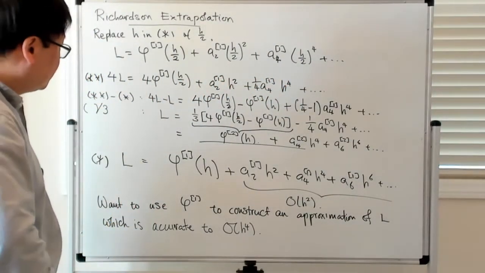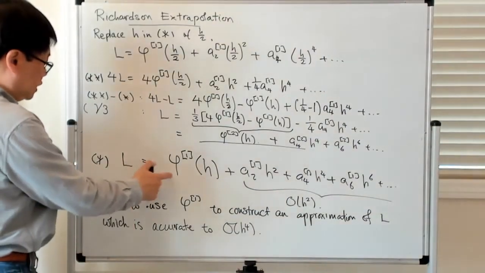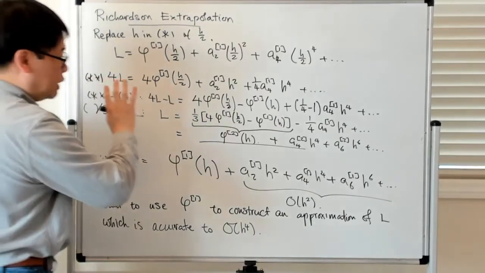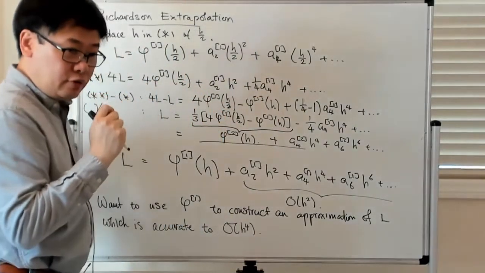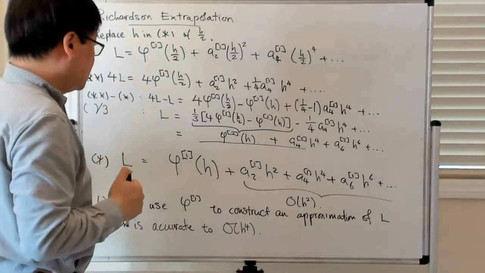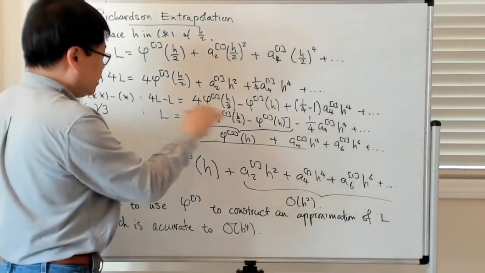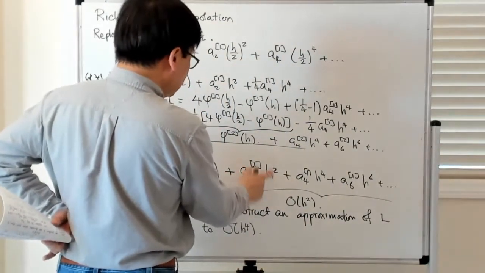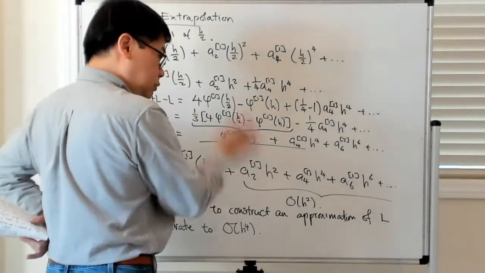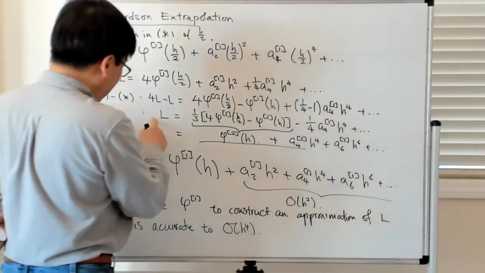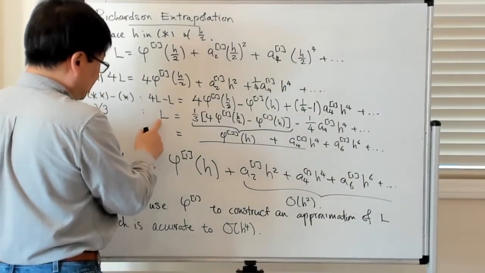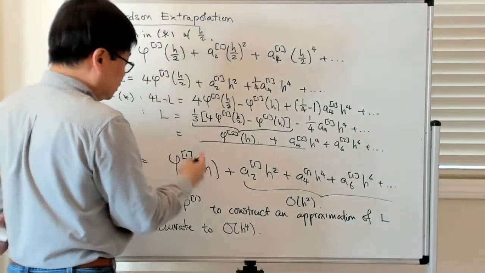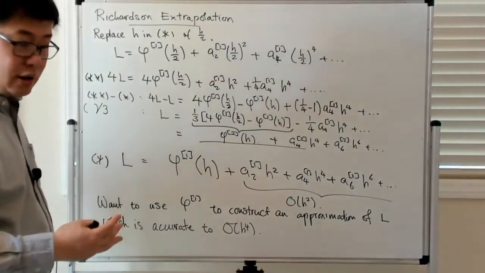You evaluate the computable approximation with two different values of h. You write down what the implications are at the level of the error expansion. You multiply the equations throughout so that the leading order error terms are the same, and then you subtract the two. Then you divide appropriately so that the left-hand side is the one thing you care about. This is the basic idea behind Richardson extrapolation.